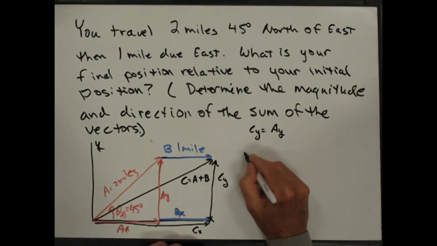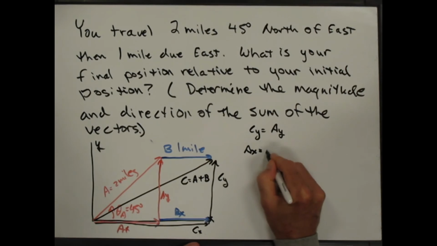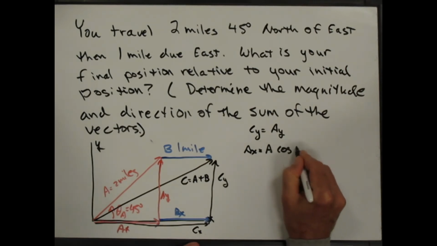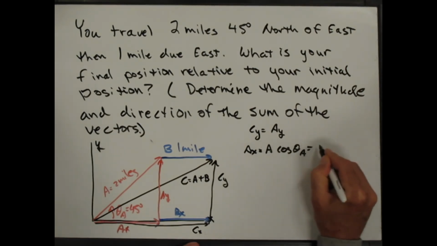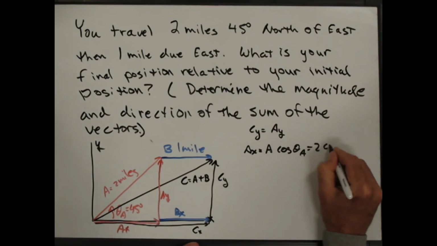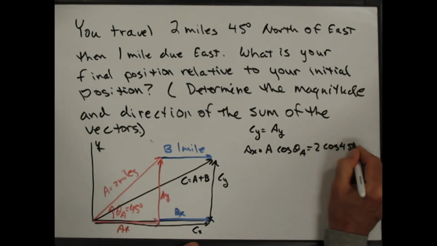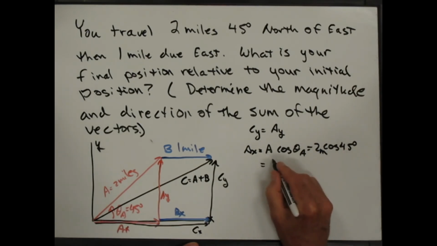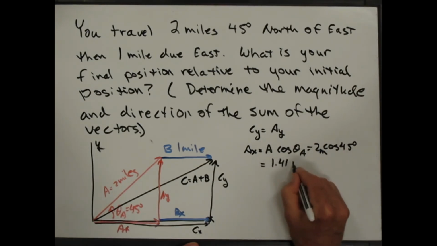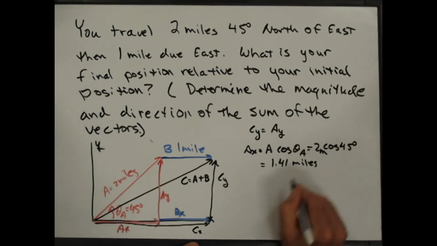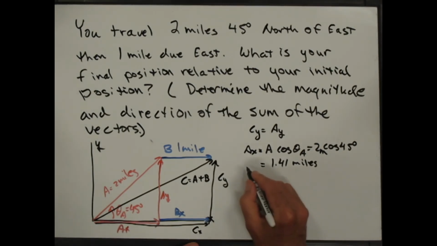I can say, look, AX is equal to A cosine theta A, which is equal to 2 miles times the cosine of 45 degrees, and that's equal to 1.41 miles if you evaluate it, right?